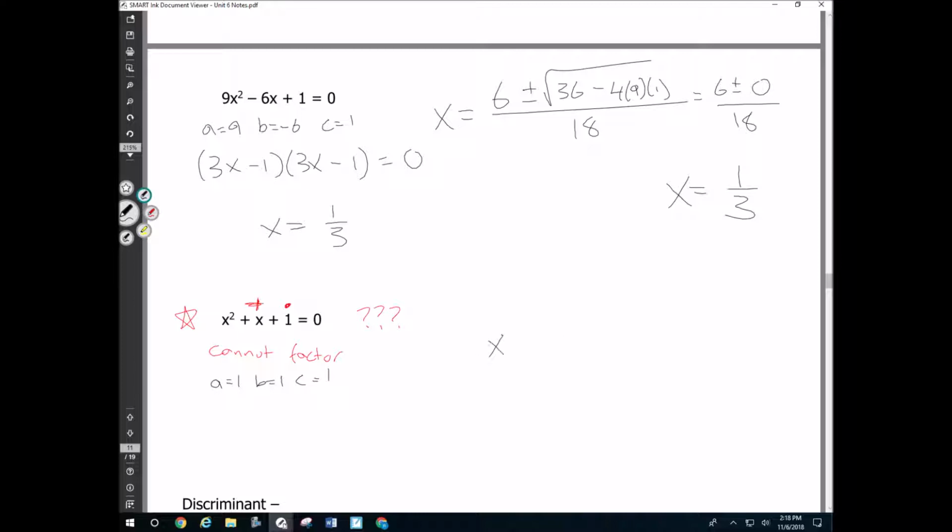I get x equals the opposite of b, plus or minus, square root, b squared, which is just 1, minus 4 times 1 times 1, all over 2 times a, which is just 2.